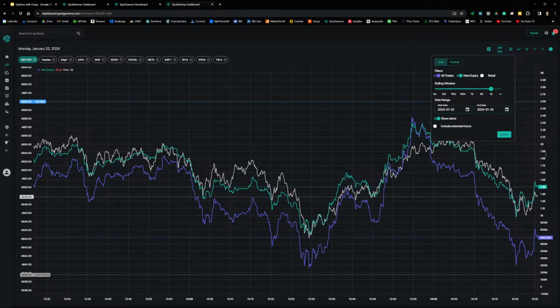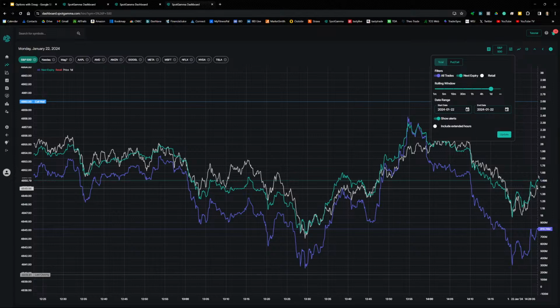So note that this signal is a little bit above the all expirations, indicating that the 0 DTE options traders are a little bit more bullish today than all expirations.